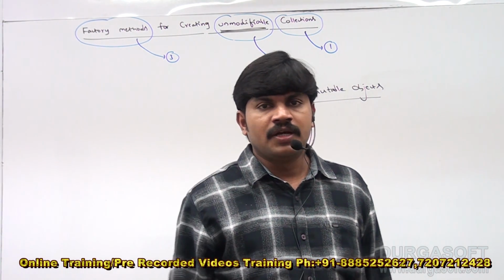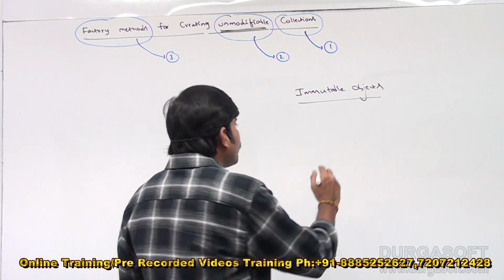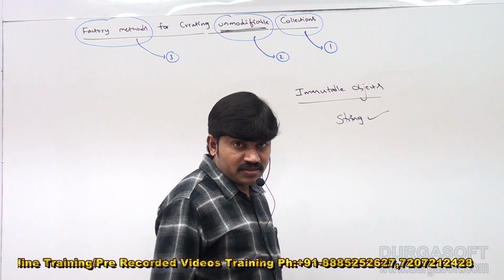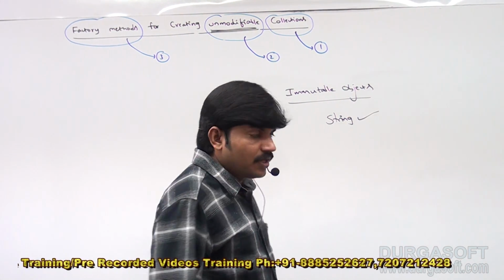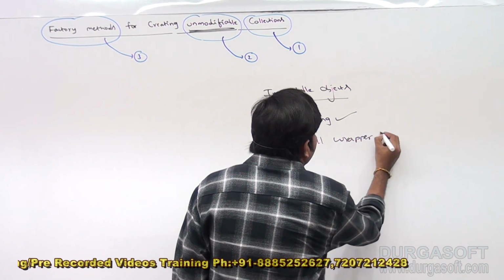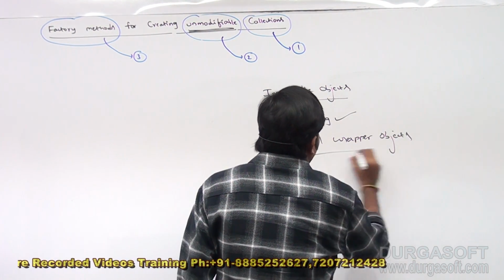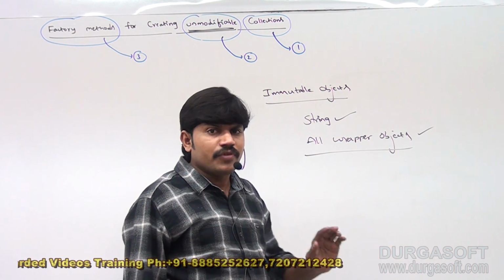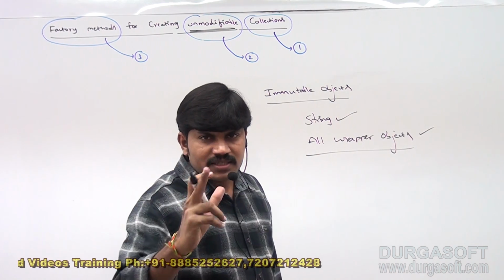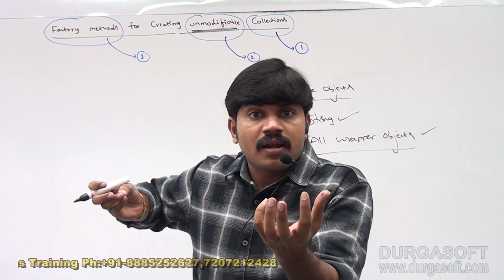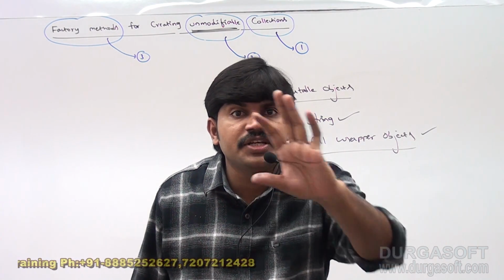Observe that. Do you know string objects are immutable? I hope you may have seen it somewhere in your core Java classes. String objects are immutable. All wrapper class objects are immutable. Are you getting? All wrapper objects are immutable. Then what is the meaning of immutability? Once we create an object, you are not allowed to perform any changes to that object.